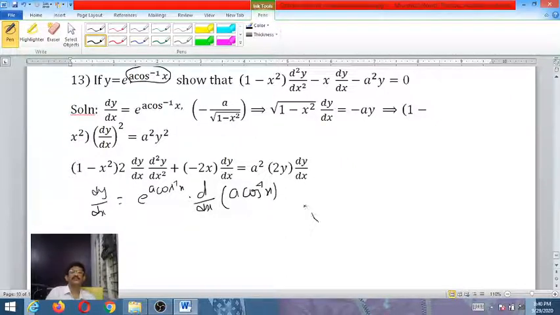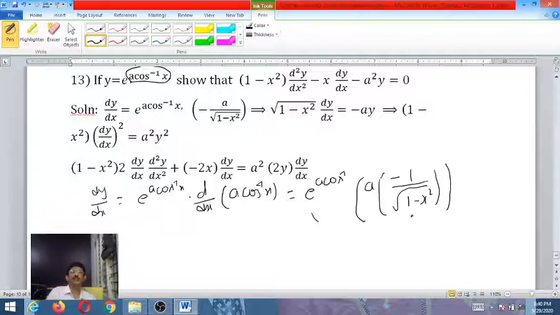So this can be written as e to the power of a cos inverse x into a, which is a constant, into the derivative of cos inverse x, which is minus 1 by root of 1 minus x square.